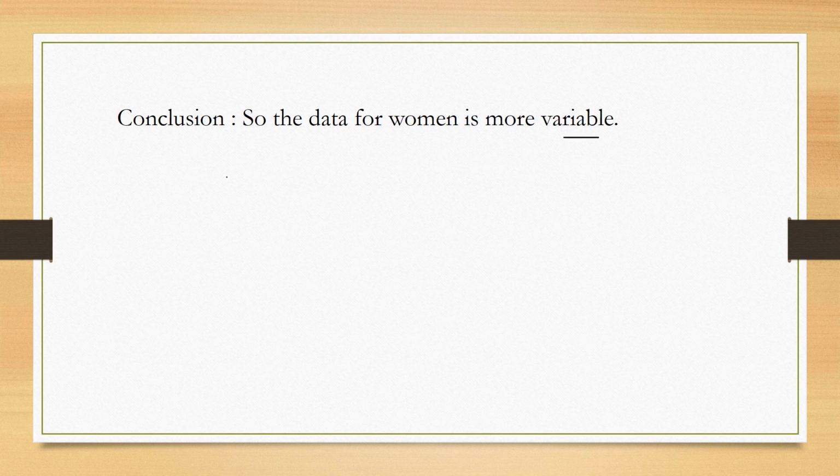Because the standard deviation for the women is around 12,000, and for the men it was around 8,000 and something. So here we have more variation, more dispersion. That's why we say that the data for the women is more variable.